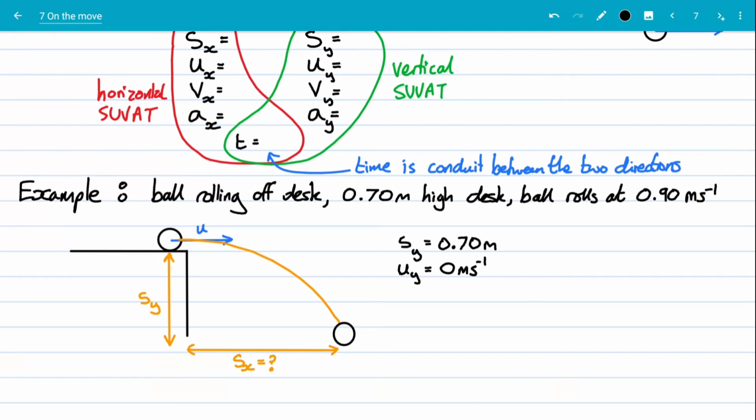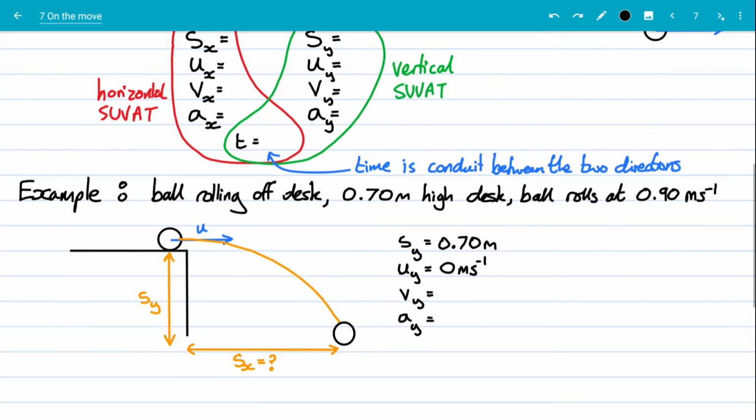The initial velocity of the ball is 0 in the vertical direction. Now, v in the vertical direction, we don't know. a in the vertical direction, we do know. We could make these negatives because it's going down, actually, couldn't we? We could make that negative 9.81 meters per square second.